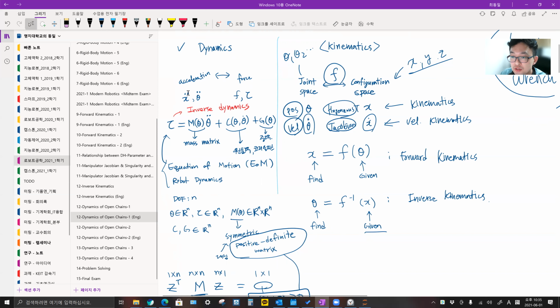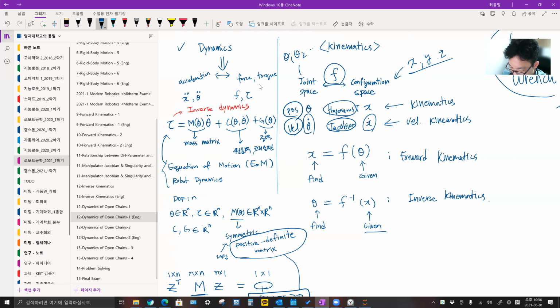Acceleration means x double dot or theta double dot, and this is related to the force or torque. So this relationship is about dynamics.